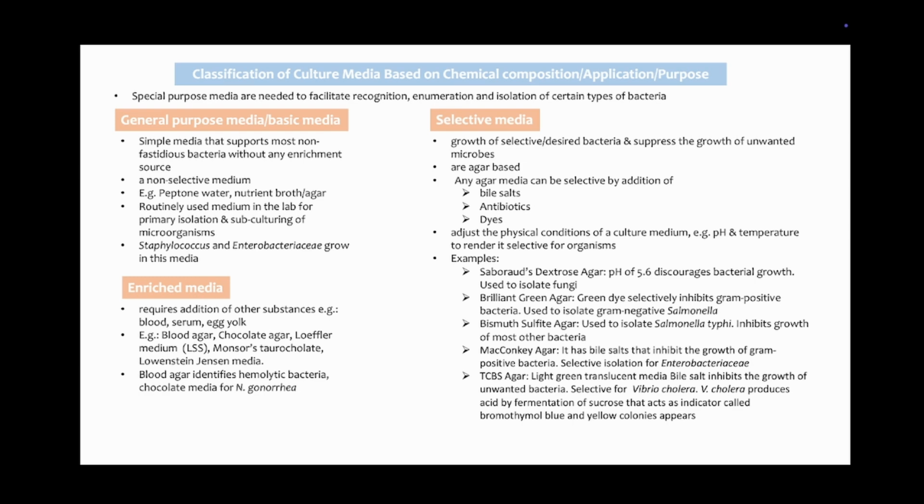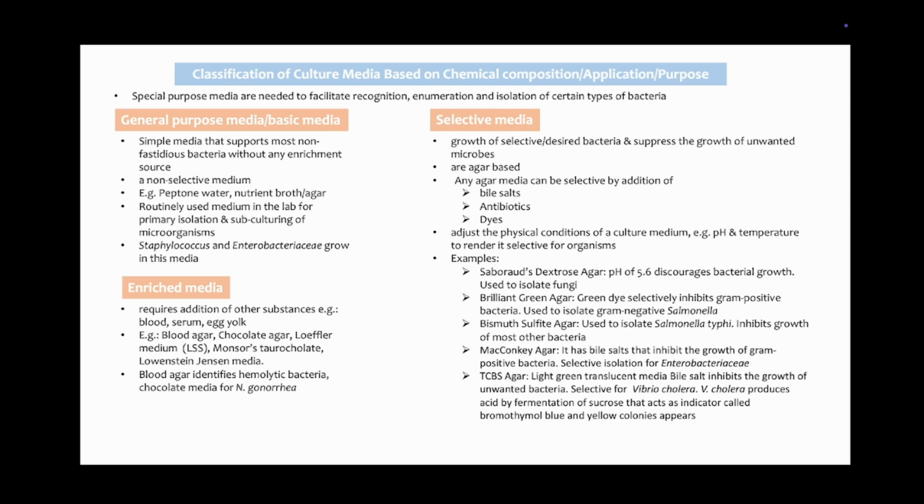For example, TCBS is thiosulfate citrate bile salt sucrose agar. So this one has bile salts also. TCBS is alkaline because they want to grow marine bacteria. And as you know, we covered this just now, seawater is alkaline.